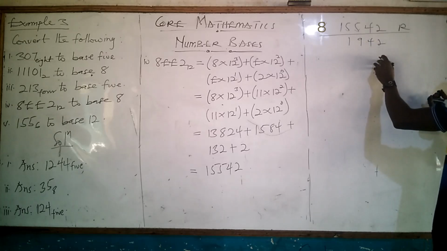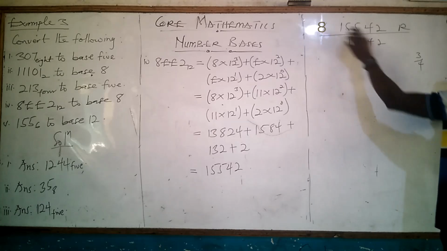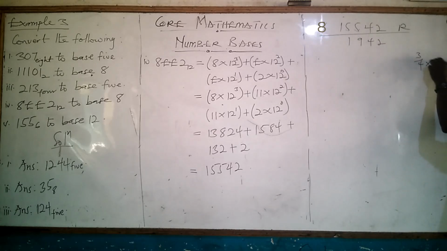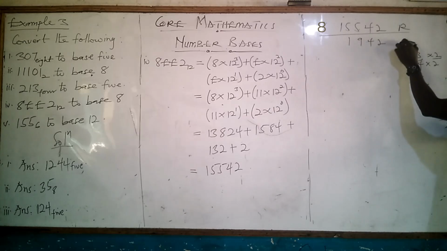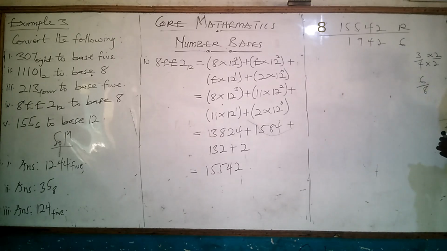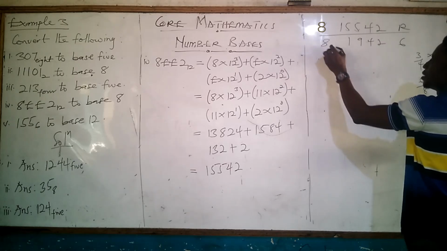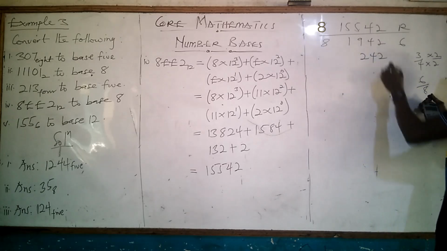And it is getting us 1,942. Then I have what? 3 over 4. The denominator is not the same as this. So what do? I multiply here by 2, here by 2. I now have 6 over 8. So now the remainder is 6, since the denominators are the same. Are we getting that? Then now I take the same 8 into this, and that one too gets me 242.